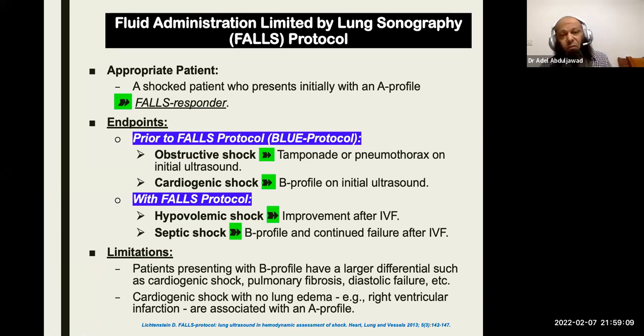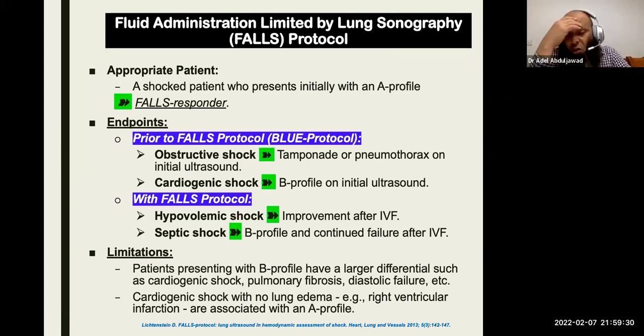So the limitation of the FALLS protocol: when patients present with a B profile, they have a wider differential diagnosis. For a B profile, you may have cardiogenic shock, either systolic or diastolic heart failure, or you may have pulmonary fibrosis.